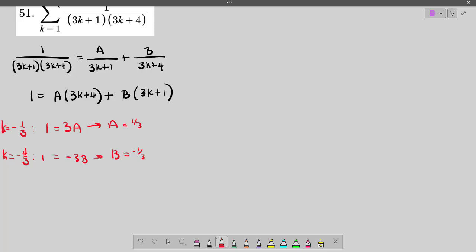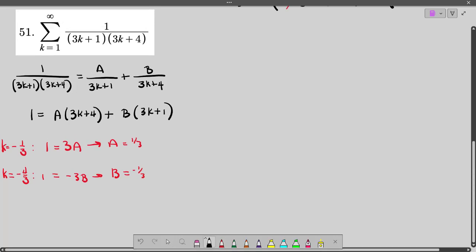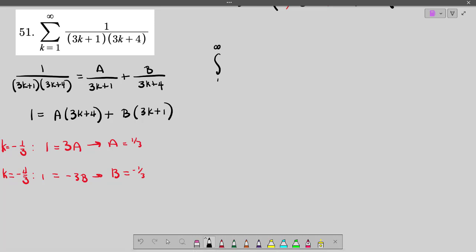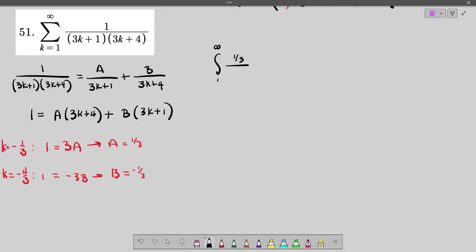All right, so now we've broken it apart. We've turned that product into two partial fractions. So we're going to consider the integral from 1 to infinity of, let's see, A is positive 1/3, so let's write it this way first, and then we'll factor it out.